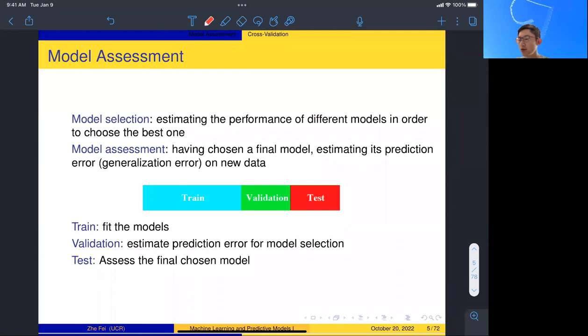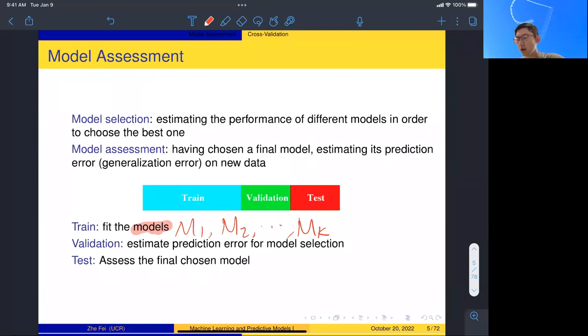We use the training part of the data to fit our models. The key point is that we could have many models that we want to fit, M1, M2, all the way to MK. That's a set of candidate models we could fit on the training data.